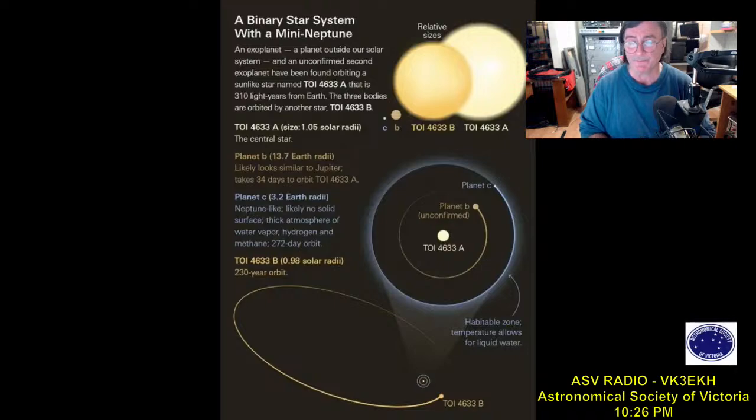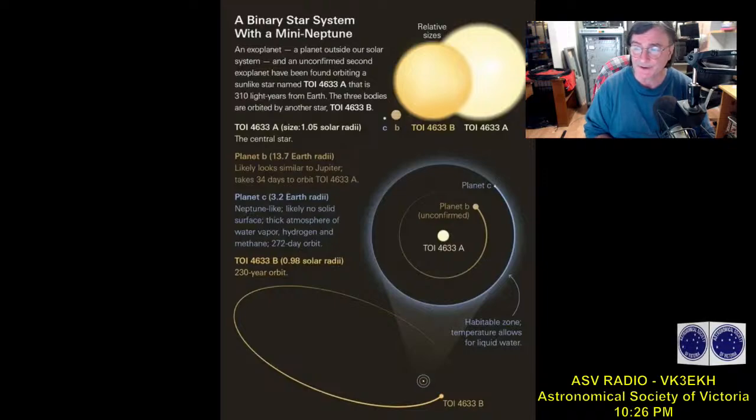So, to continue on, the newly discovered exoplanet takes about 272 days to complete one revolution around TOI 4633A. It is located in the star's habitable zone, the region around a star where temperatures allow a planet to host liquid water on its surface.